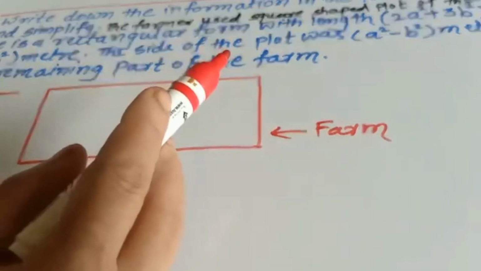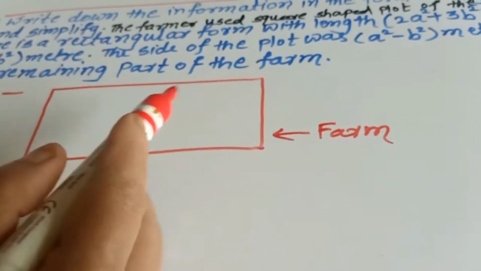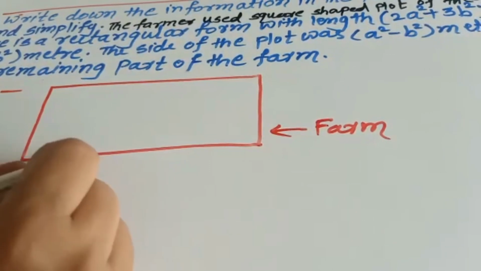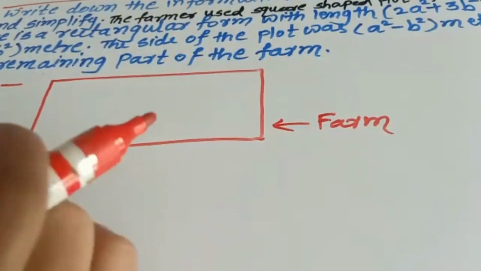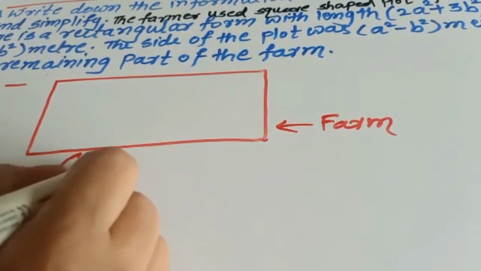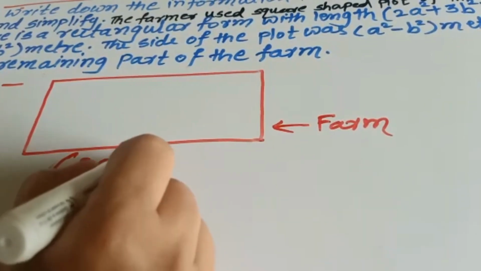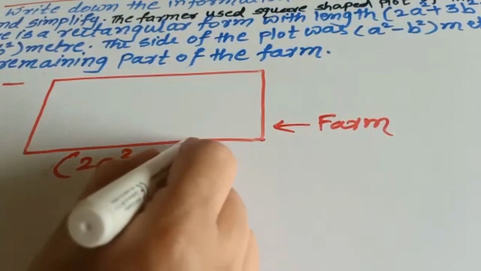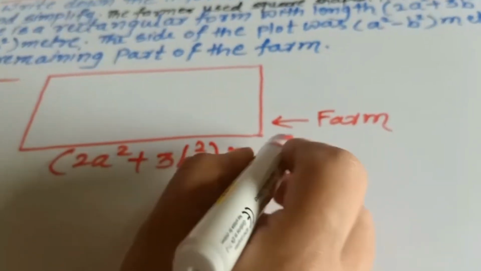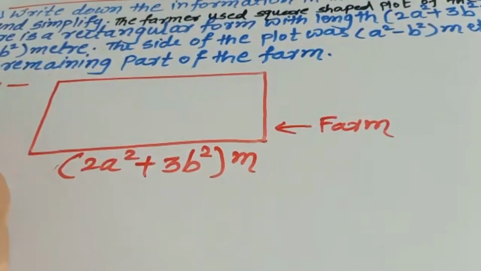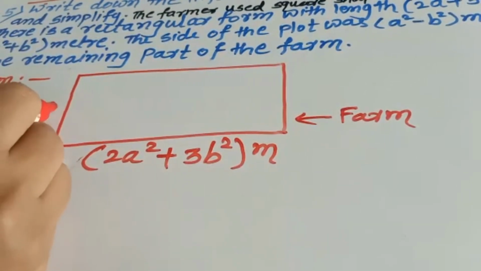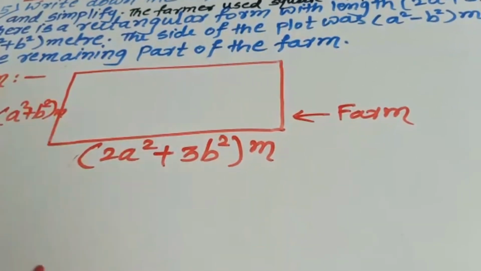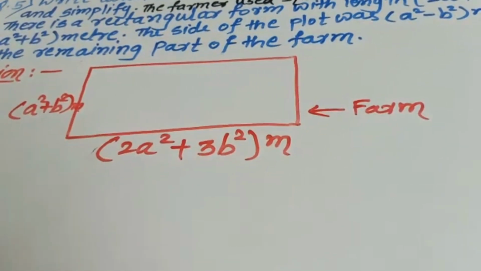So here length of the rectangular shape farm is 2a square plus 3b square meter, from the question. Okay, and the breadth is also given, it is a square plus b square. So write a square plus b square, which is the smallest side of the rectangular farm.